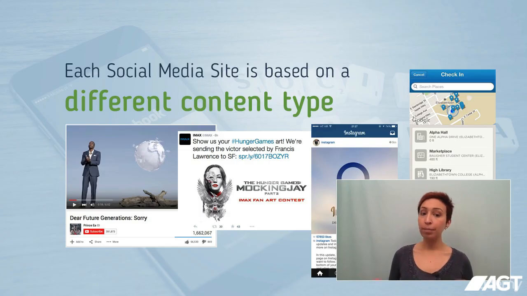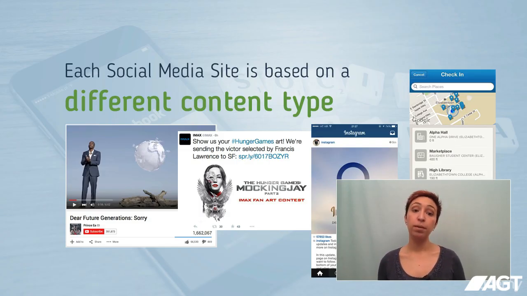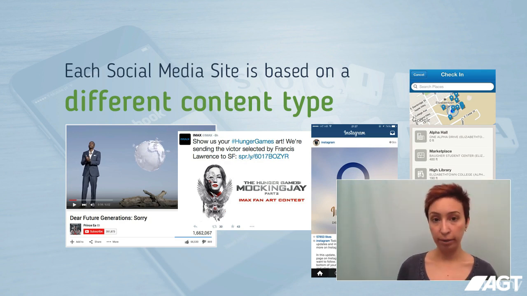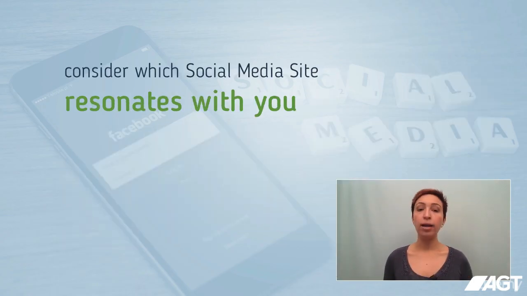Instead, LinkedIn is a business social network. Is your content suitable to the kind of conversation that people have on LinkedIn? Foursquare, another example, is a location-based site. If you sell online and you don't have a physical location that your customers can visit, then Foursquare is not for you.